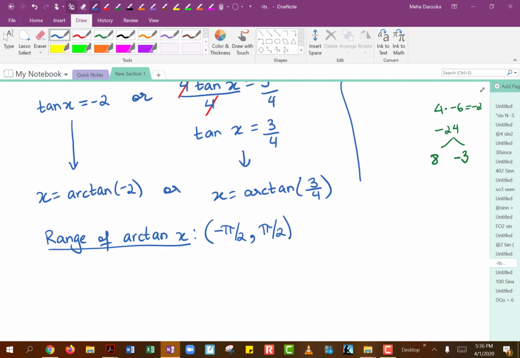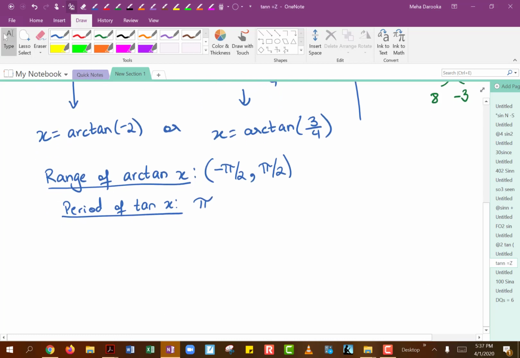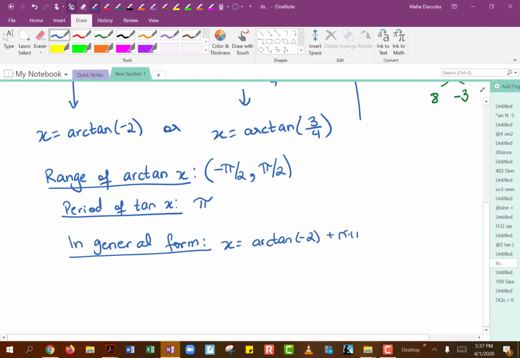And then of course the tangent function has a period of pi, so that can help us out. So basically we will end up getting in the general form, our answers would be x equals arctangent of negative 2 plus n pi, and x equals arctangent of 3/4 plus n pi.